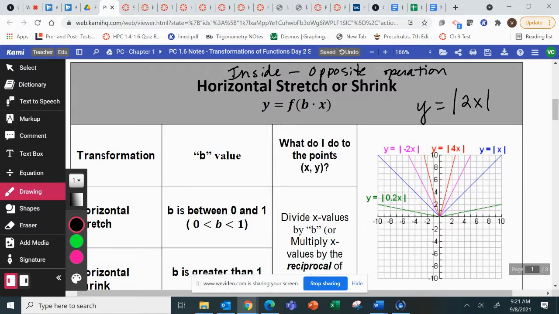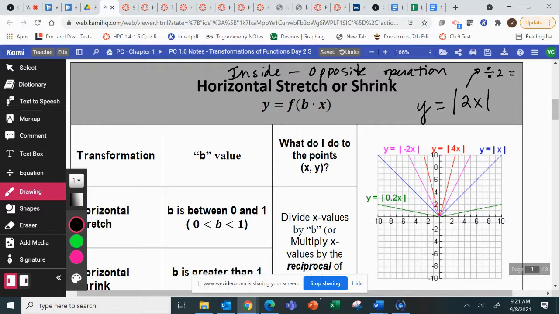What is the opposite of multiplying by 2? That's dividing by 2. But we don't really like to divide. So instead of dividing by a number, what also could I do? Was that Katie? Good job.